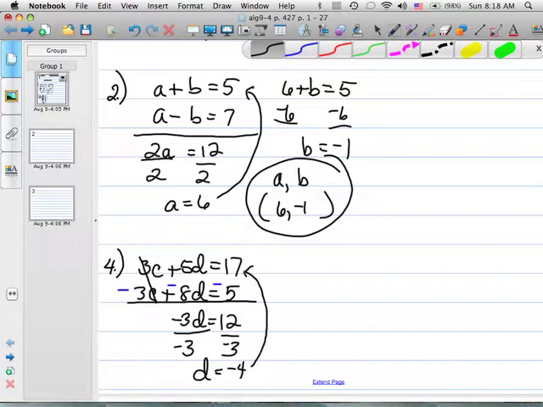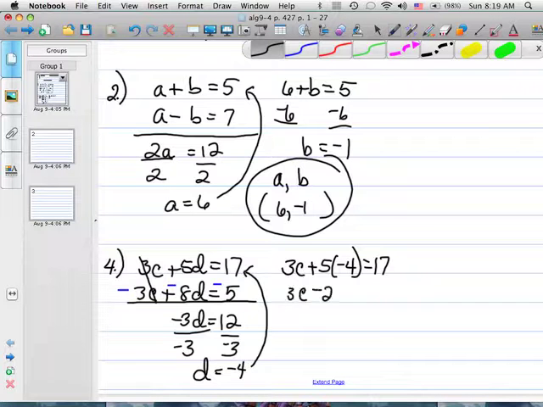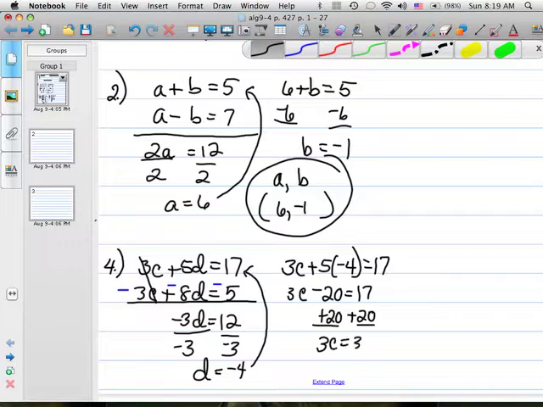Substituting back into either one of these equations, I'm just going to pick the first one. I have 3c plus 5 times negative 4 equals 17. 3c minus 20 equals 17. Add 20 to both sides. I get 3c equals 37.